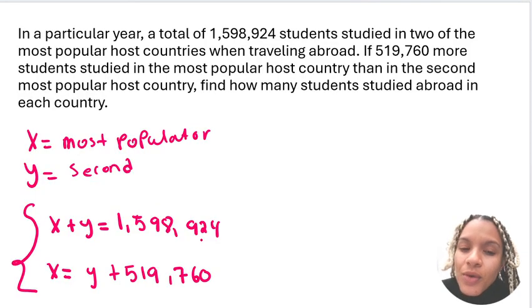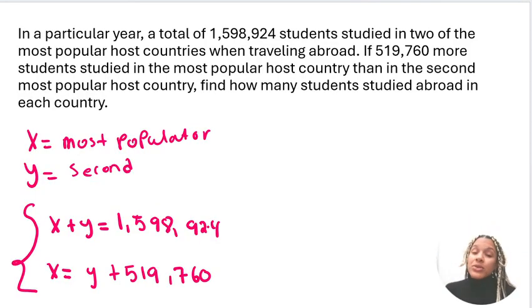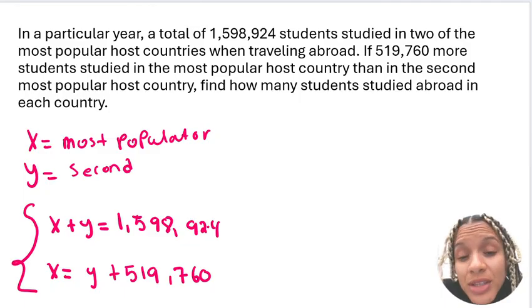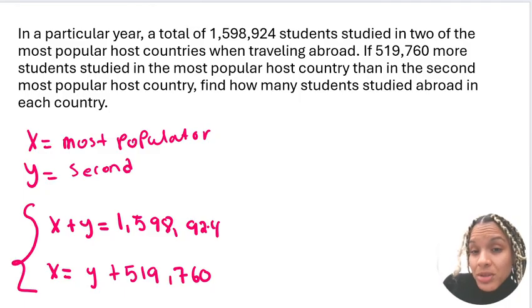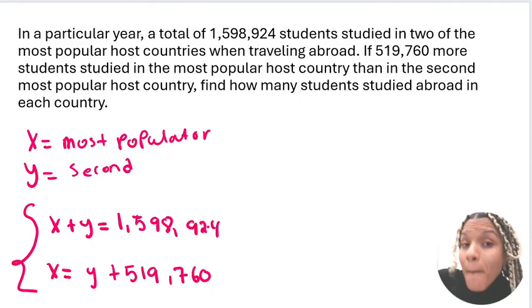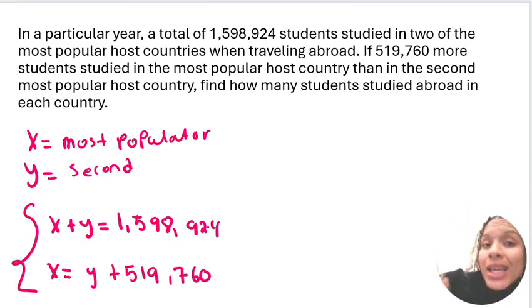Still. All right. So what's important for us to understand? In the first sentence, we are told the total amount. So we do know that the most popular and the second most popular will total to that amount. In the second sentence, we are told that the most popular has 519,760 more than the second one.